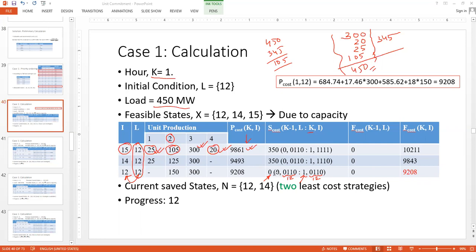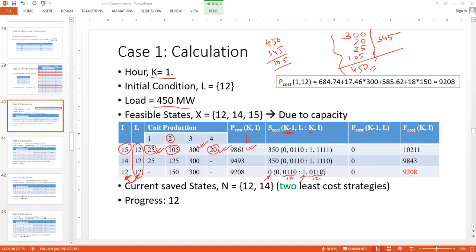So because here none of the units' status are changing, because I'm staying at the same state number 12. I am staying at the same initial status. So none of the bits are actually updated. You can see it was 0, 1, 1, 0 at K minus 1 interval. And here also in the first hour, I'm staying at 0, 1, 1, 0.